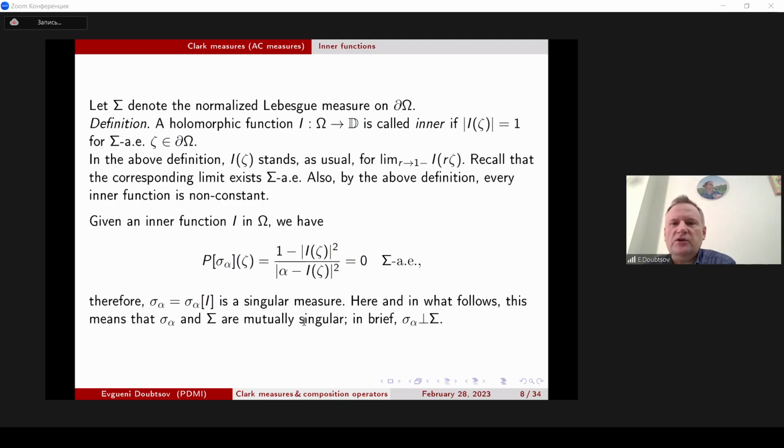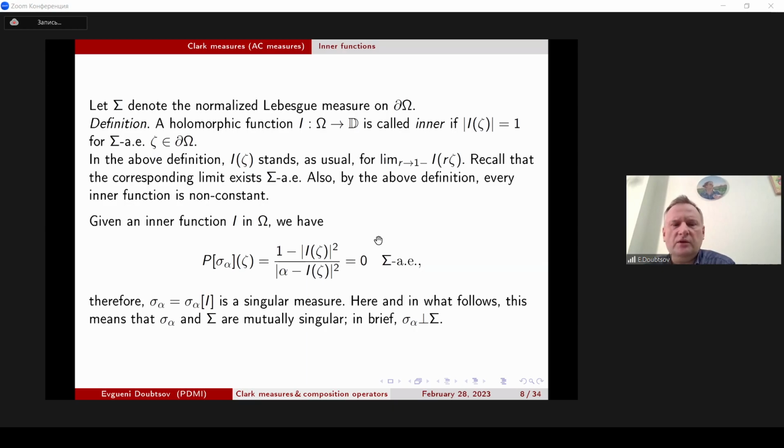We say that this function is inner if its boundary values are equal to 1 in modulus, sigma almost everywhere. Of course, it is well known that the boundary values, the radial limits, do exist almost everywhere, so everything is correct. And so we just write capital I of zeta for the radial limit, capital I of r zeta.